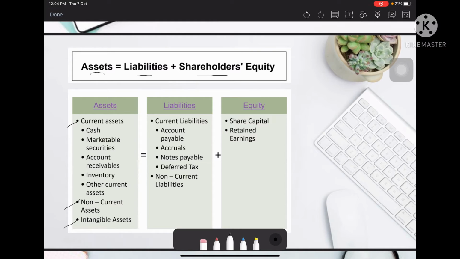I forgot to mention before, the intangible asset is a kind of investment of a company, for example goodwill and patent. Those are examples of intangible assets. And then liabilities, we have the current liabilities, non-current liabilities, and the equity: the share capital if the company issues common stock, and the preferred stock, and also the retained earnings.